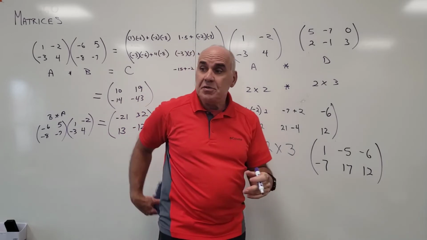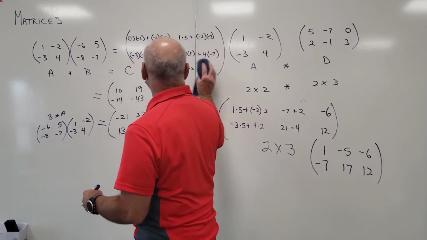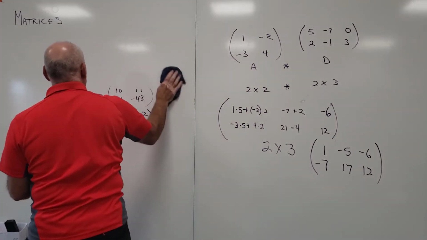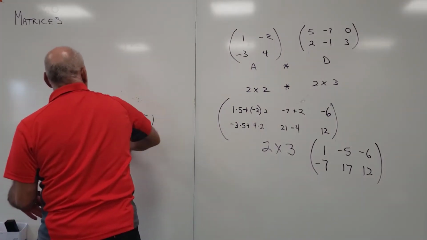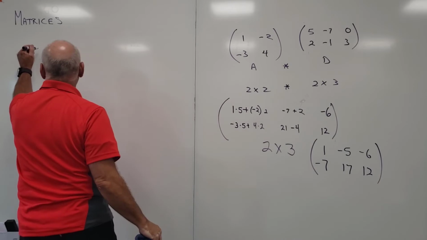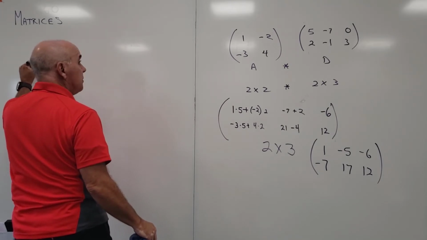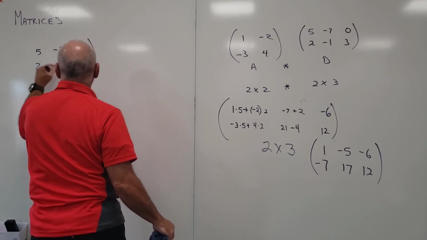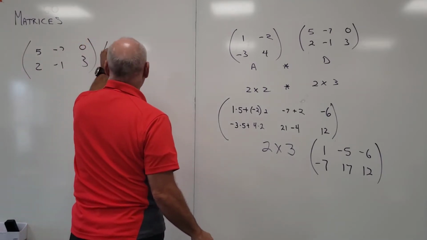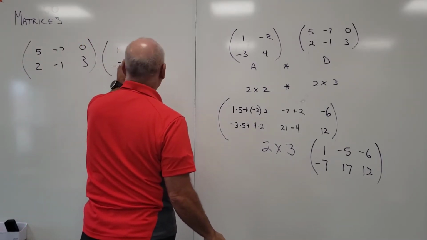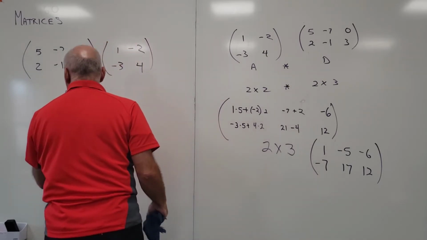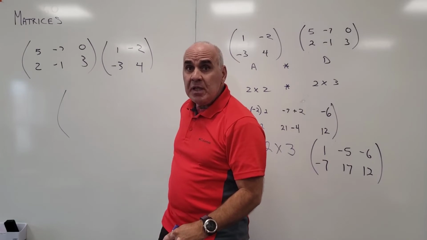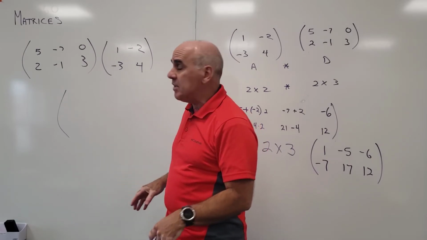Let's reverse this. Let's do D times A. All right, so I'm going to erase some of this over here. So D times A would be 5, 2, negative 7, negative 1, 0, 3, and then 1, negative 2, negative 3, 4. Okay, so the first element, I want row 1 of the first matrix, column 1 of the second matrix.